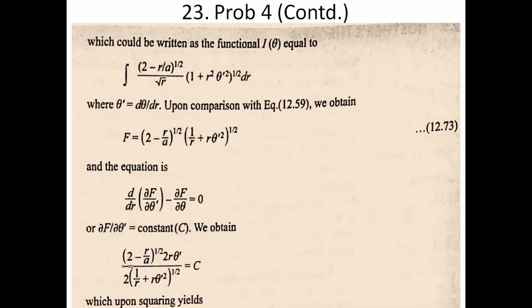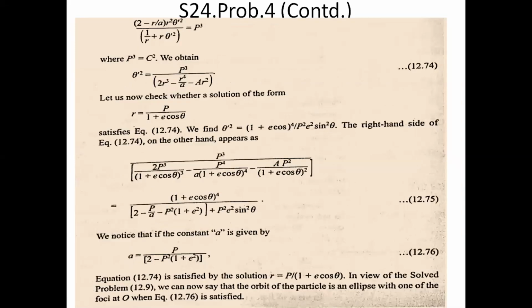The equation obtained after application of the Beltrami identity is solved, and upon solving, at the bottom one can find equation 12.74 satisfies the solution r equals p divided by 1 plus e cos theta.